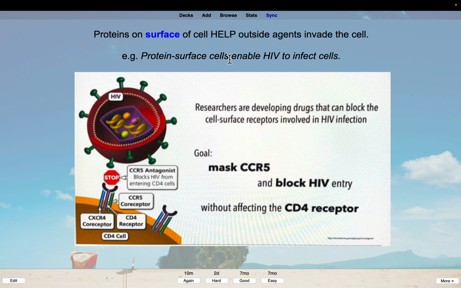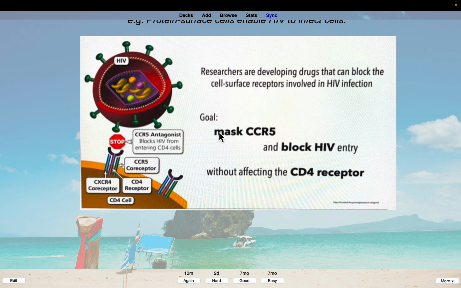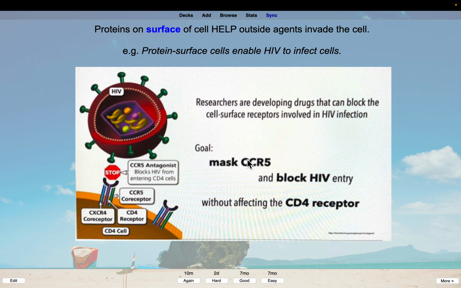So yeah, the goal is to mask CCR5 and block HIV entry without affecting the CD4 receptor. Masking the CCR5 should be done without affecting the CD4 receptor. That's the tendency. So yeah, we are yet to find newer news about this thing.